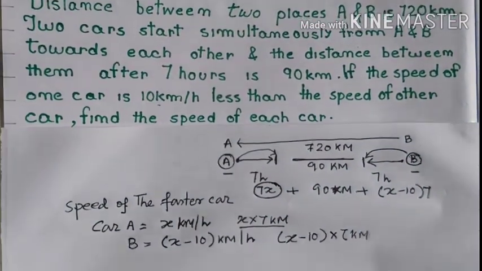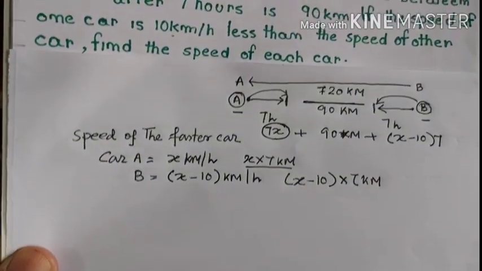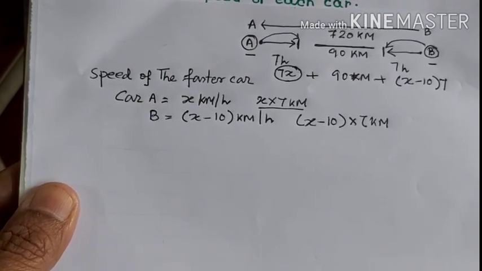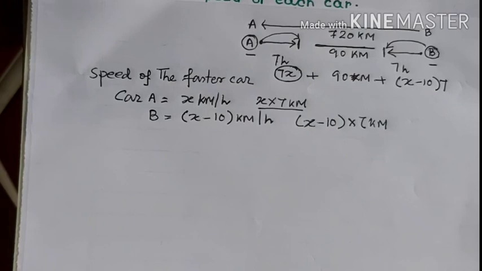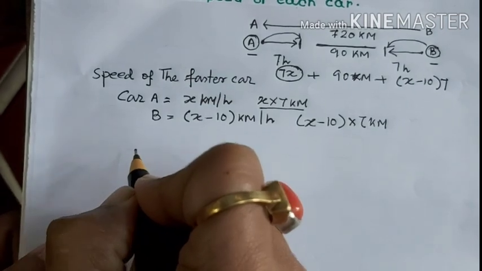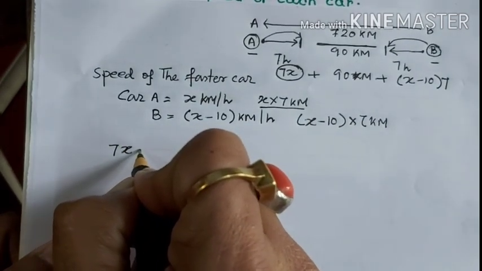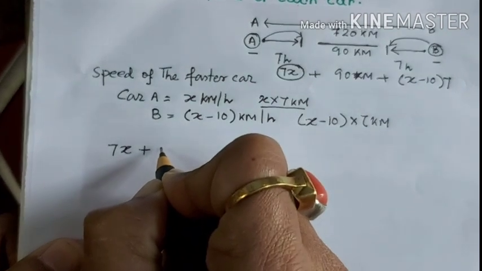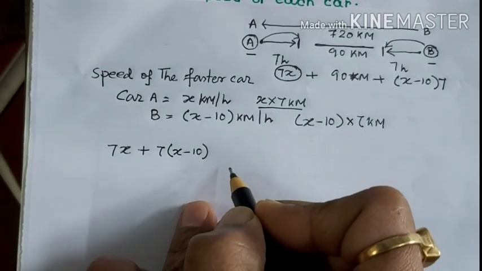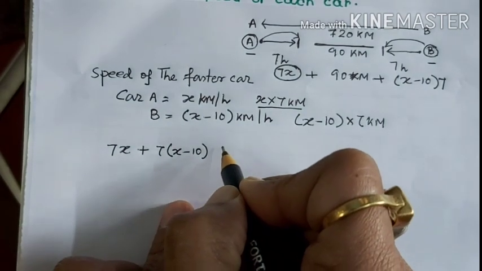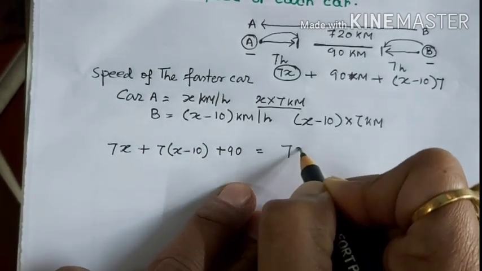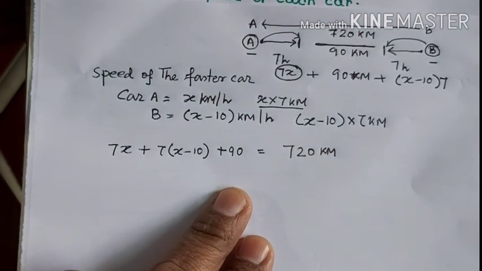So as per this, how can we write the equation? The equation will be 7x plus 7 into x minus 10, plus 90 is equal to 720 km.